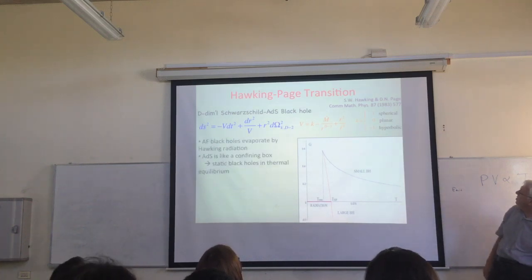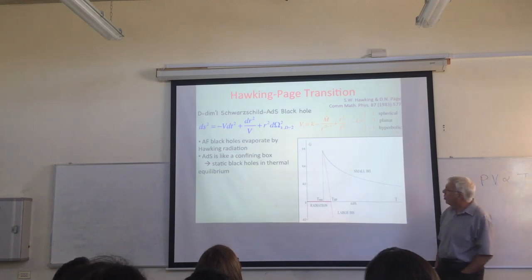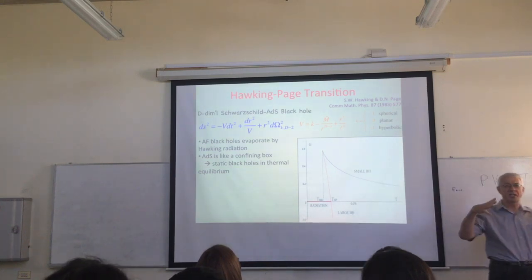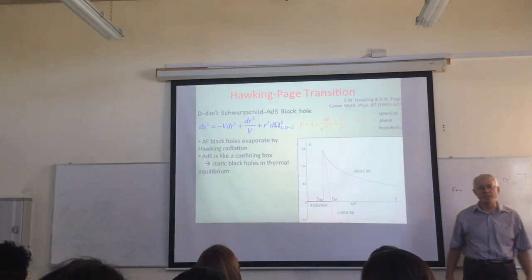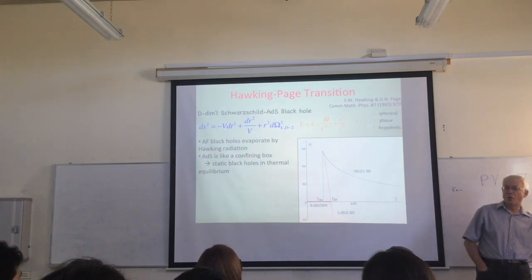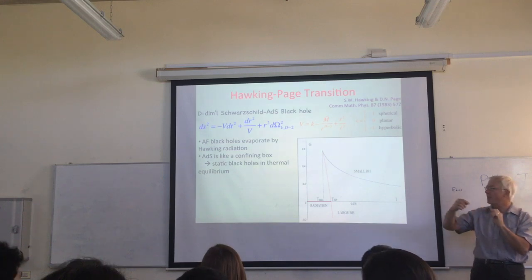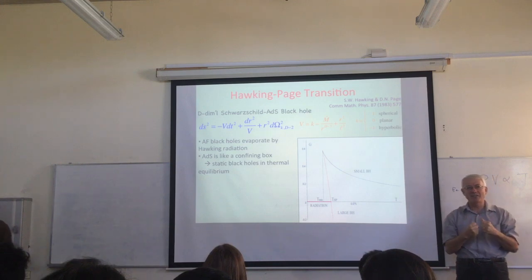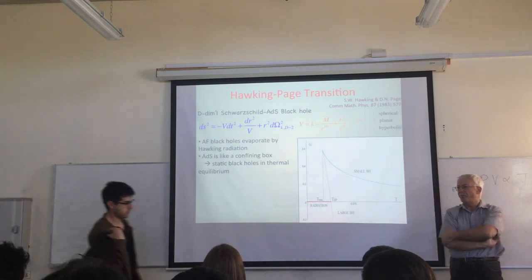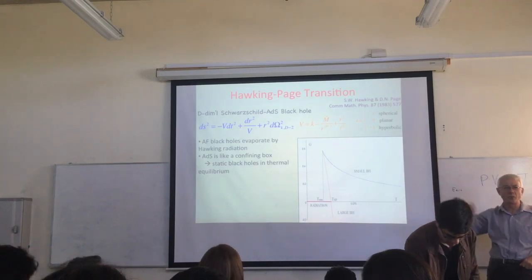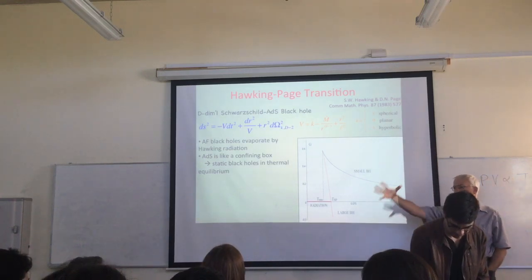That value of k is +1, 0, or -1 for hyperbolic black holes. So what happens is anti-de Sitter space is kind of like a confining box for gravity. If you throw a rock in anti-de Sitter space, no matter what initial velocity you give it, eventually it will come back to you, because no massive particle can ever escape to infinity in AdS. If you shine a flashlight, eventually the light will get to infinity, but any massive particle will come back to you.